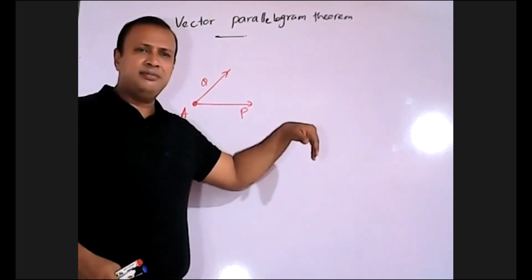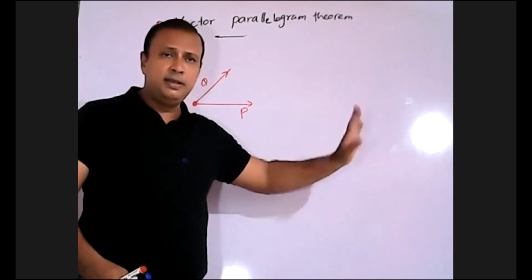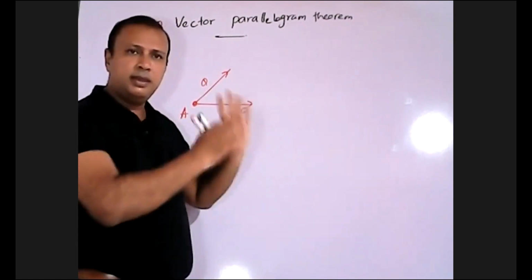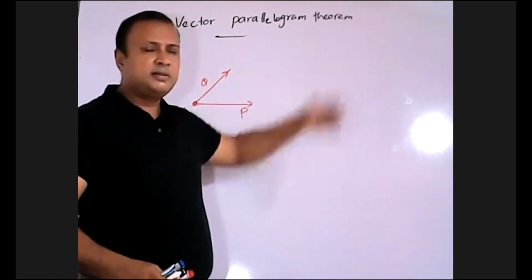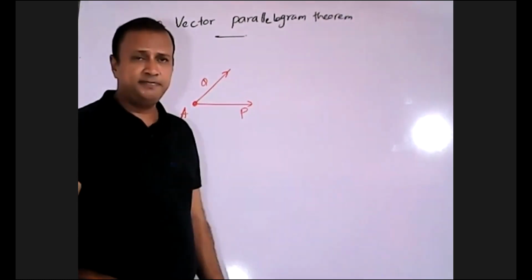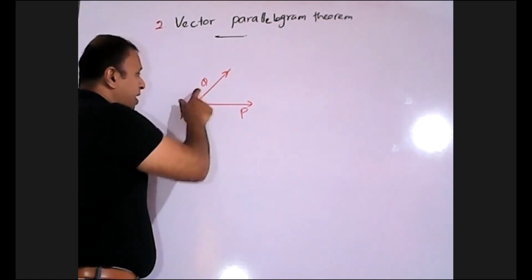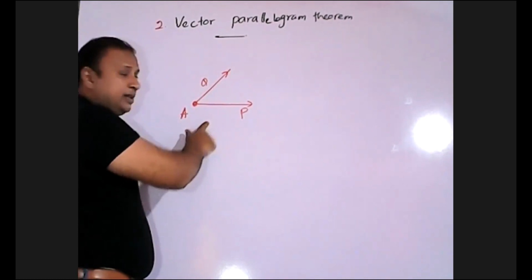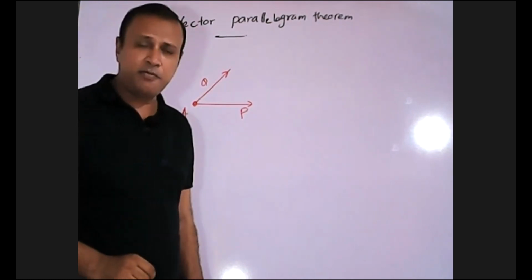Therefore, we can use either the vector addition principle or the vector triangle principle in our previous cases, but this is something different. What is the difference? These two vectors should be at the same point.